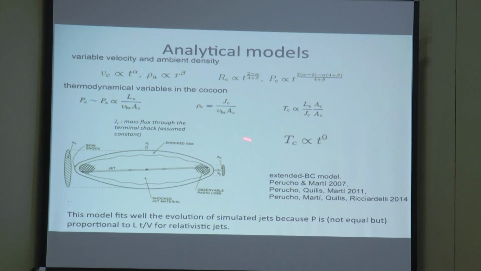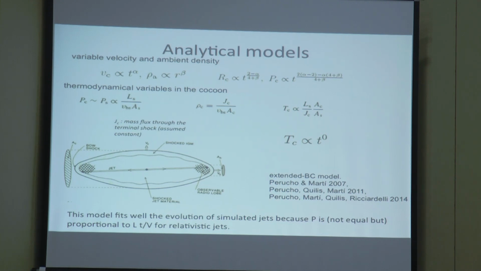But if you could measure it somehow, you could relate the temperature in the cocoon to intrinsic parameters of the source, like the jet power and the mass flux, which is here. Taking into account that you can measure the cross-section of the region from the observations, and if you have an estimate of the jet power, you could even make a guess on the flux.